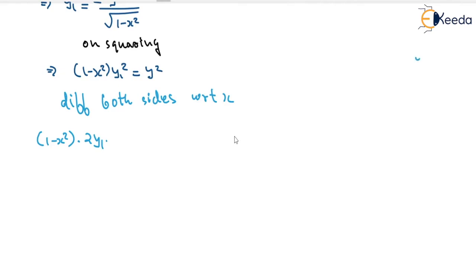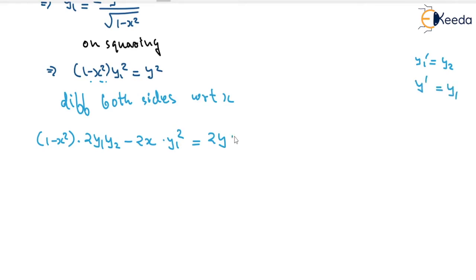So let's say this y1 dash is actually y2. So 2y1 into y2 minus, because differentiating the u part, minus 2 times of x into y1 square equal to, on the other side, 2y into y dash. So y dash is y1.